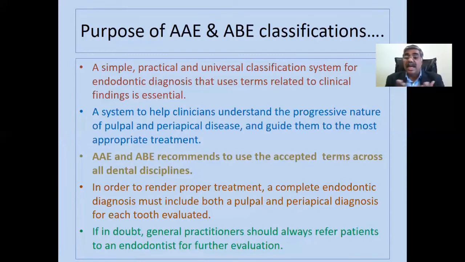That is needed. That may help a beginner, a general practitioner, and even a specialist who is planning appropriate treatment. And in case of doubt, general practitioners should always refer the patient to an endodontist for further evaluation. So these are the reasons why these two reputed associations have come out with this recent classification, which was published in 2013.